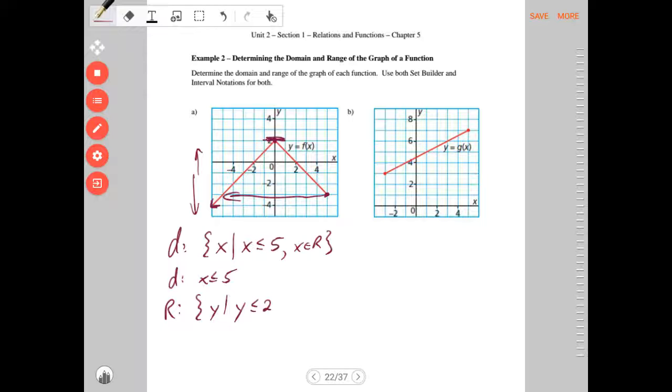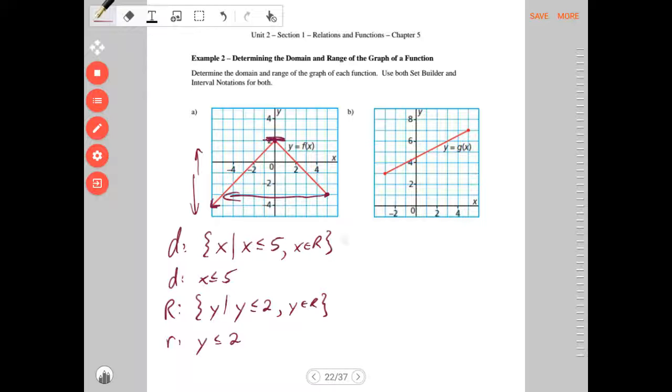I think I said negative. Okay, positive 2. And then y is an element of the reals. Awesome. That sometimes gets abbreviated to y is less than or equal to 2. That's the domain and range, and that's also set builder.